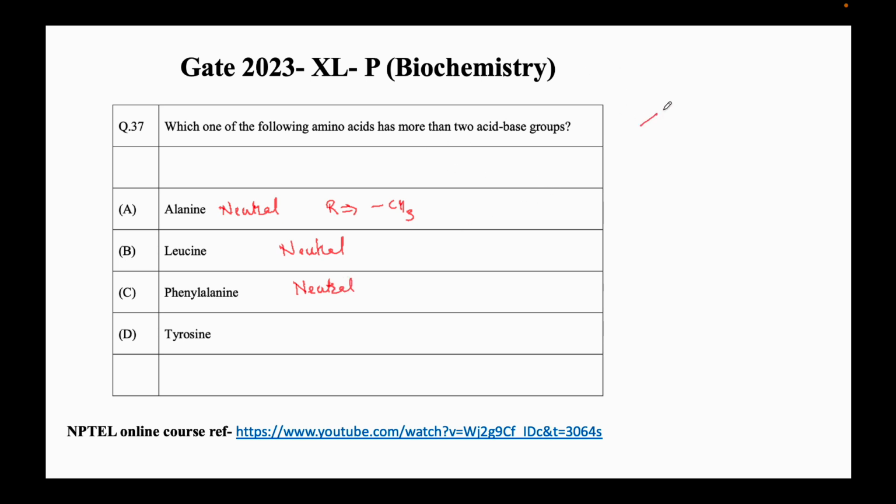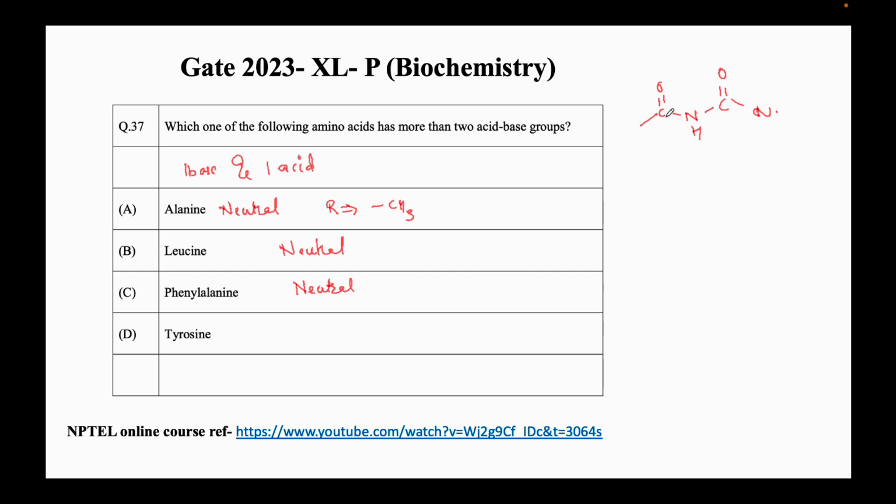When there is a peptide bond formation between these amino acids, each amino acid has one base group, that is amino, and one acid group, which is the carboxyl.